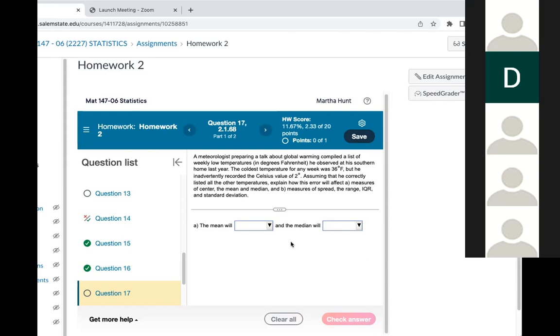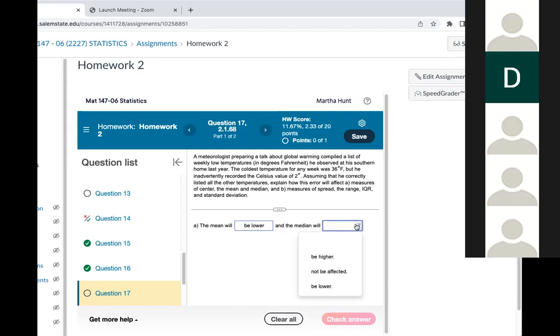Is it going to not be affected, be lower, or be higher? Be lower. The value was lower than expected, so it will affect the mean. But he did it for, I guess, a whole year, 365 days. So there's only one bad measurement in 365 days.